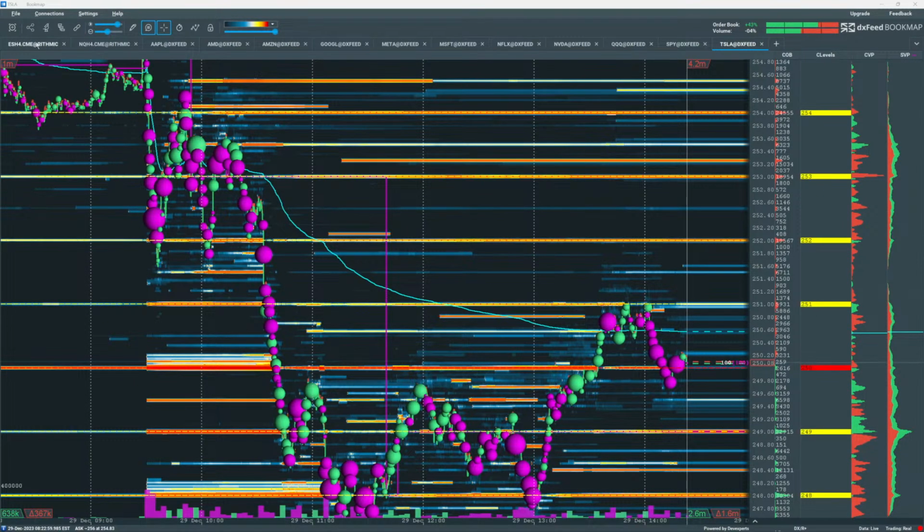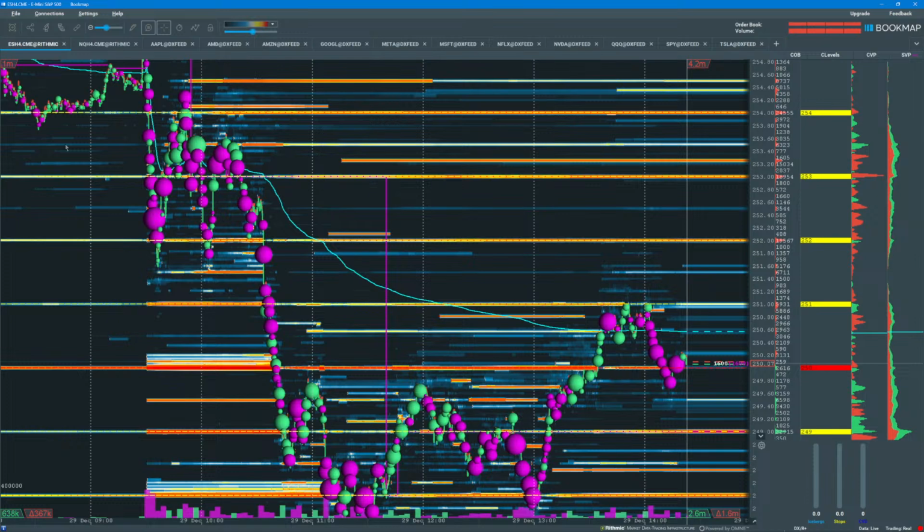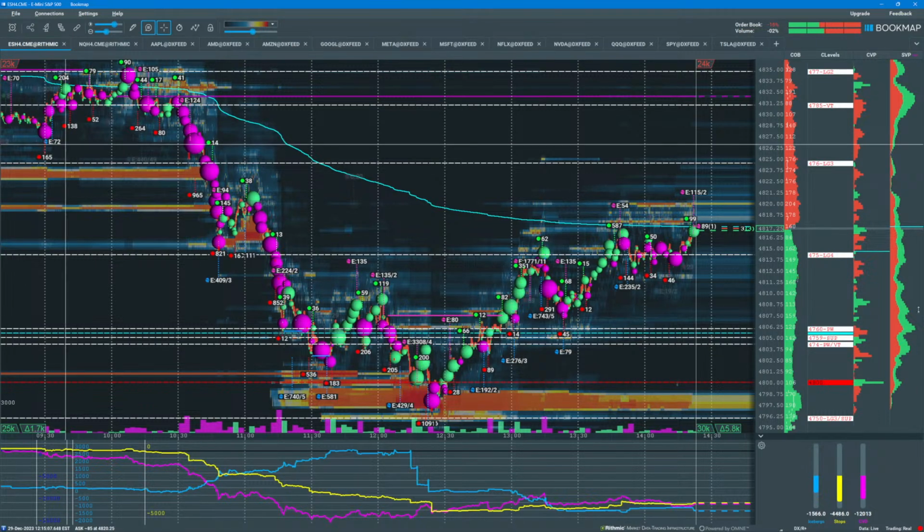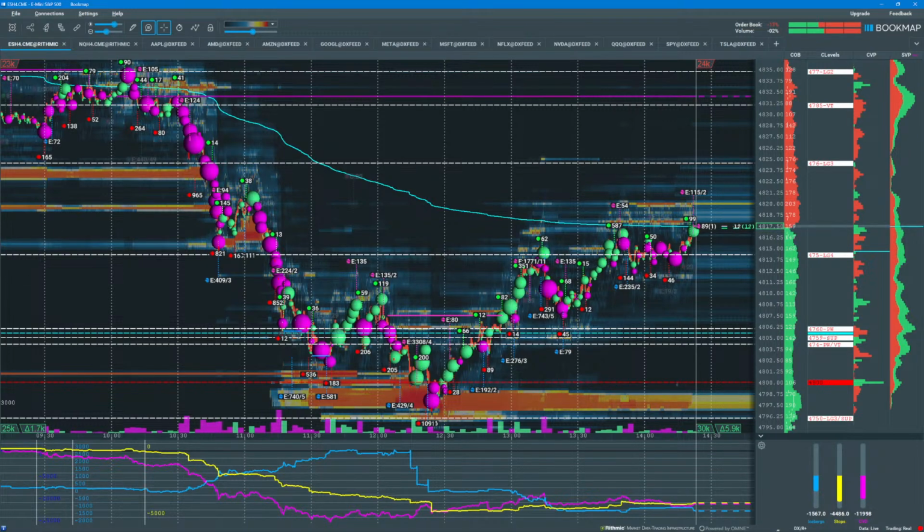All right, let's go back and check on the ES first. ES continues to grind higher, up at VWAP now. Let's check Hero to see what options traders are doing.